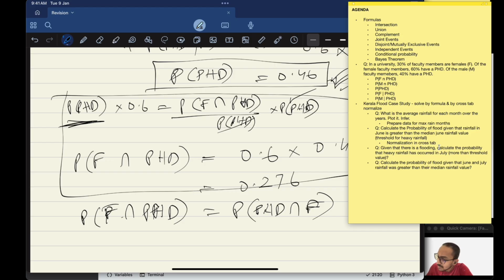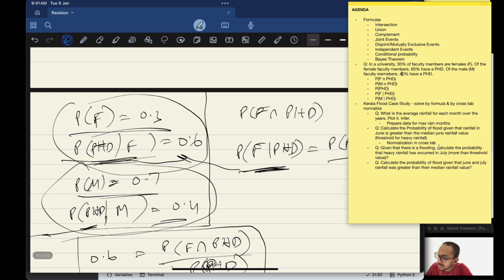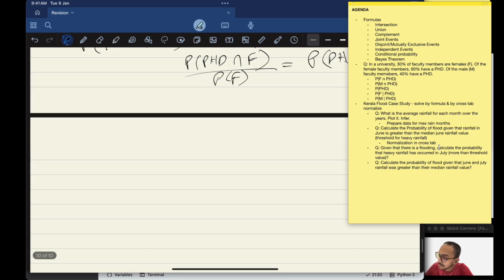So P of PhD intersection female by P of female equals P of PhD given female. So that's what we know. PhD given female is 0.6. So that was the mistake.